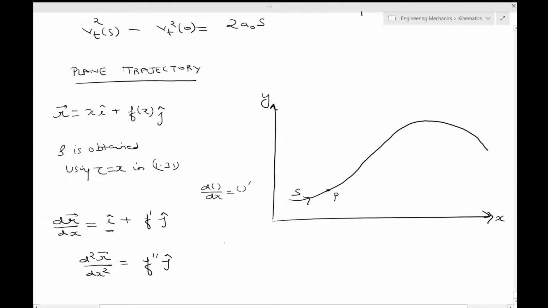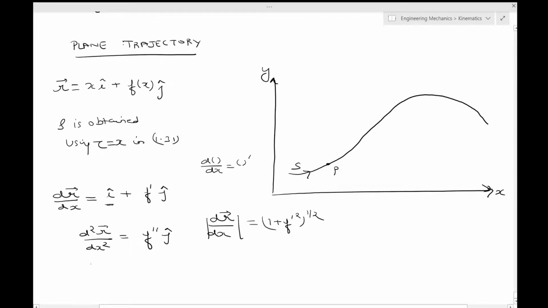Now modulus of dr by dx would be equal to 1 plus f dash square to the power 1 by 2, and magnitude of d2r by dx square is equal to f double dash magnitude.